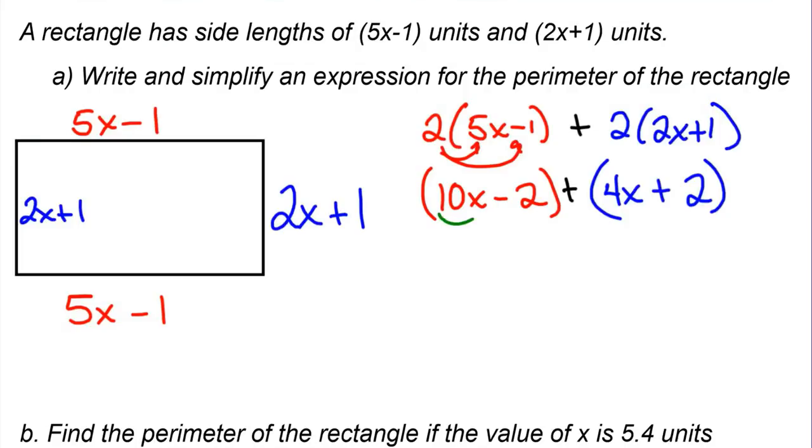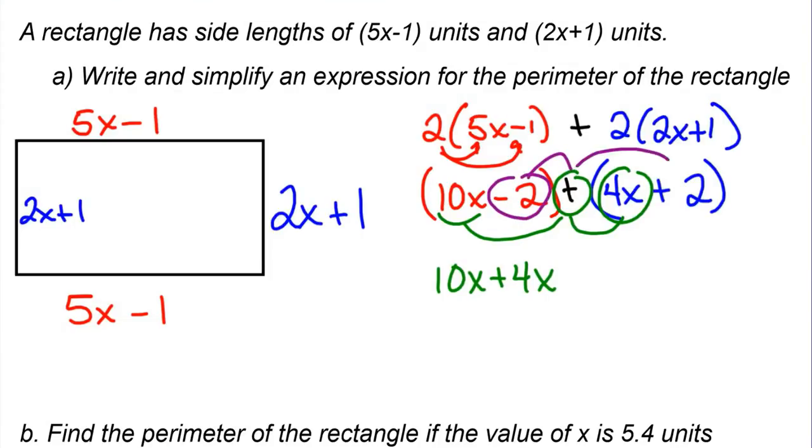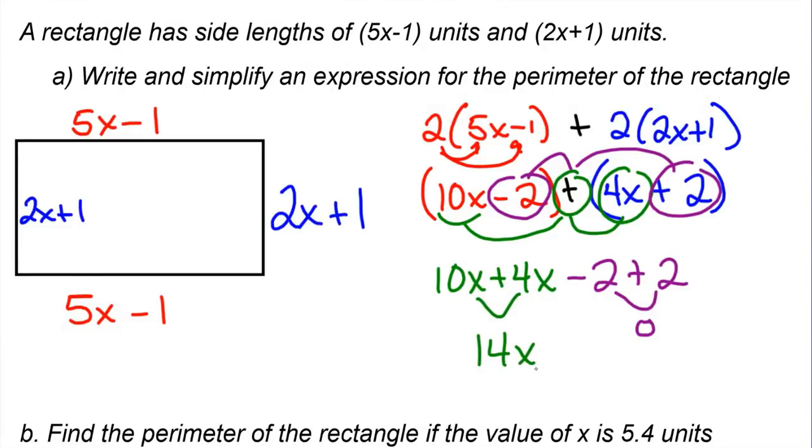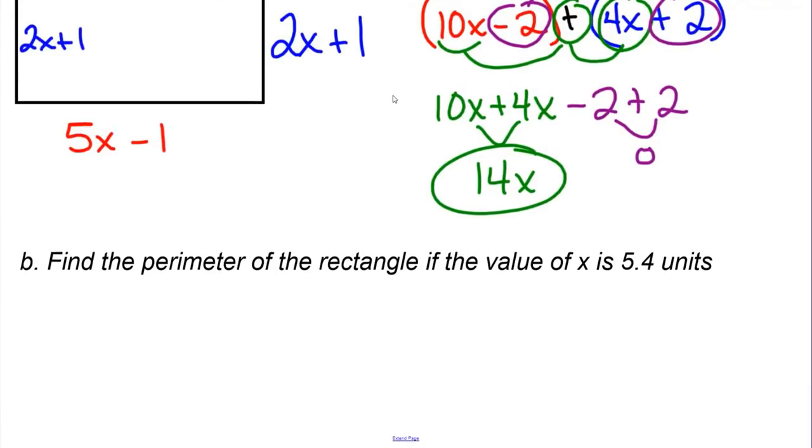I'm going to look for my like terms, 10x plus 4x. Those are my x terms. And then my constants, negative 2 plus 2. Those constants are going to cancel out to 0, additive inverses. When I add my x terms together, 10x plus 4x is 14x. So 14x plus 0, or just 14x, is the expression that represents the perimeter of the rectangle.